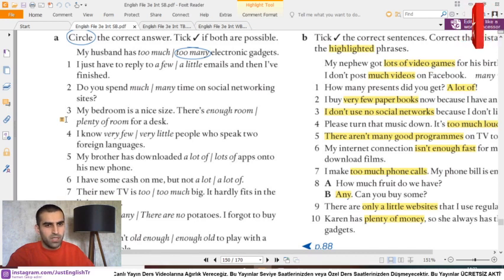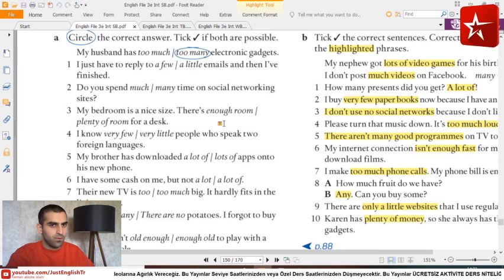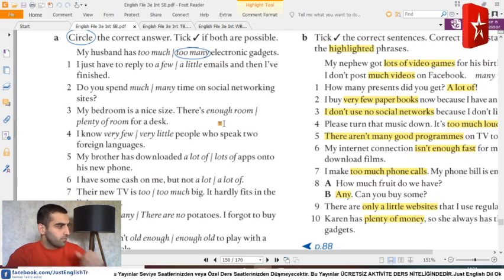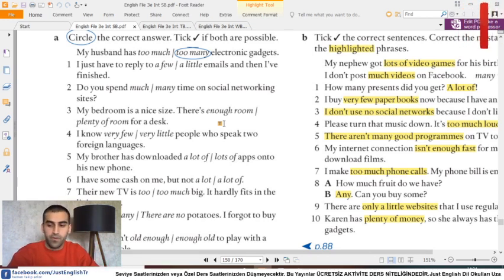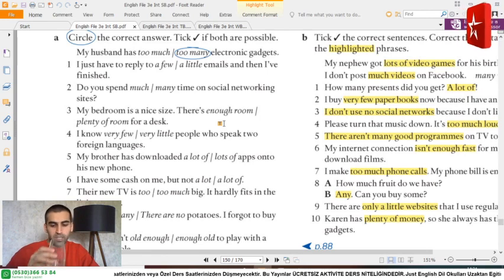My bedroom is a nice size. There's enough room or plenty of room for a desk. For number three, which one is correct? Let me drink my water.